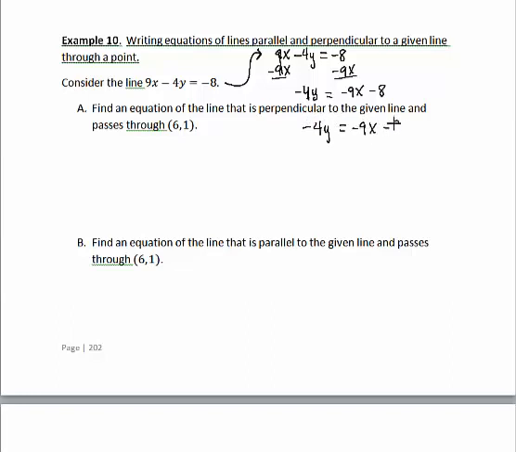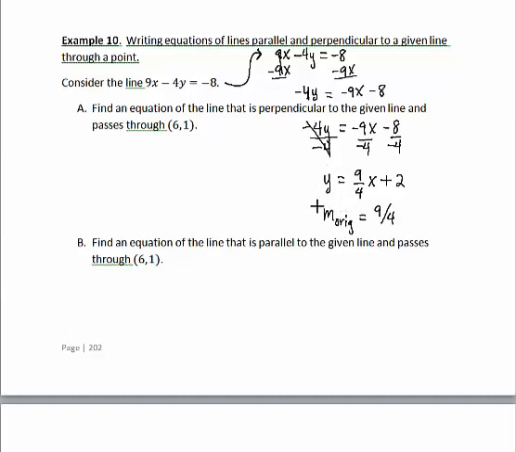To finally get the y by itself, we divide by negative 4. Negative 4's cancel, and we get y equals 9 over 4x, and negative 8 divided by negative 4 is plus 2. So the slope of our original line, slope original, is 9/4.